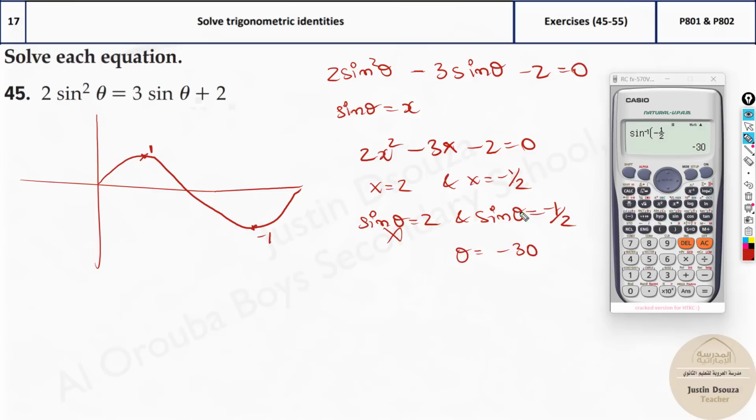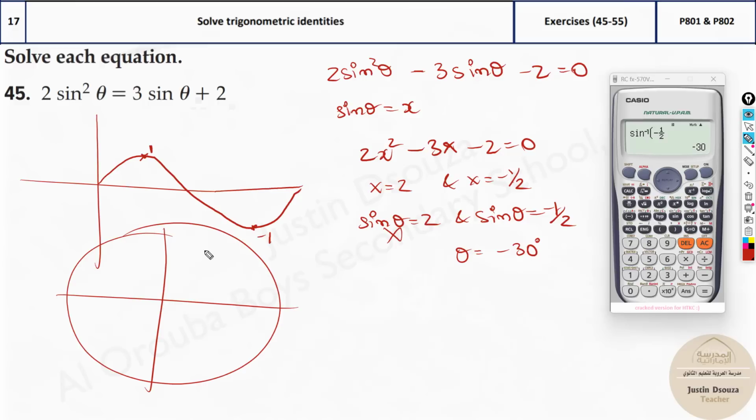Okay, so I hope everything is clear here. It's negative 30 degrees, but this is not the answer. The problem is, when you know the unit circle, see this unit circle, which will be something like this, you have 0 degrees, this is 90, and over here it's 180, 270.